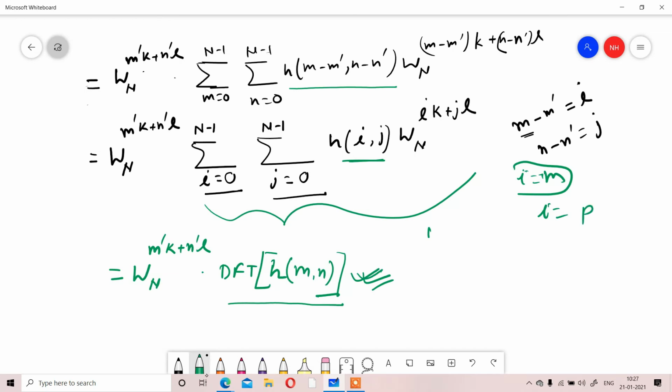As I am calculating H, M, N as the input image, we are considering M N in spite of I J. You can write DFT of h i j also, and you can write DFT of h m n also. That is simply the name to match it, nothing else.